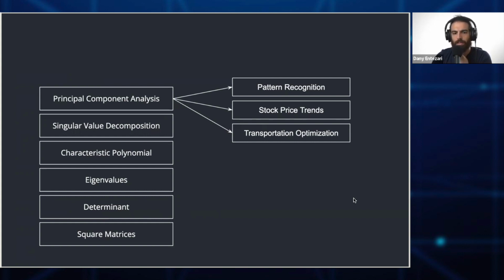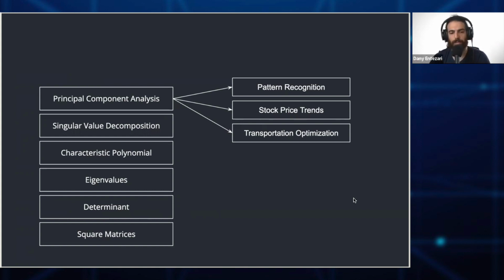Now, in order for us to even be able to comprehend how PCA works and how we are able to extract the principal components from a matrix or from our data, we have these layers of prerequisites. So for example, PCA is a subset or a subtype of singular value decomposition. So in order for us to understand PCA, we must understand what SVD is, generally speaking.